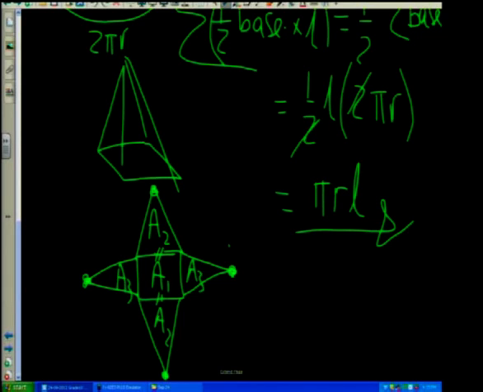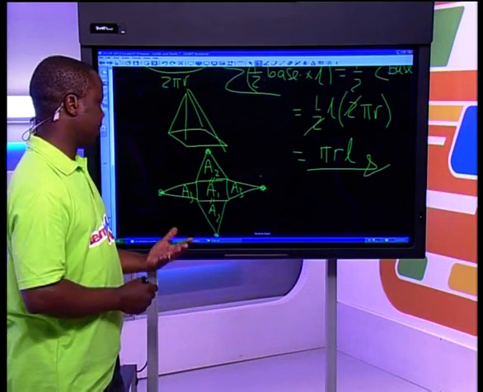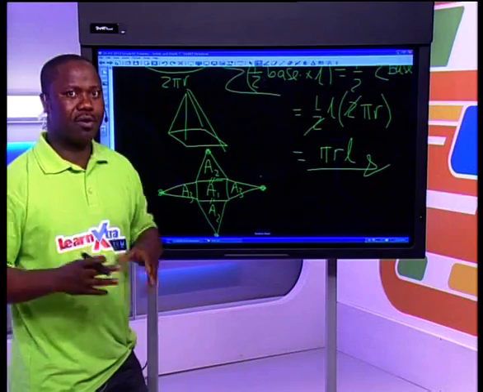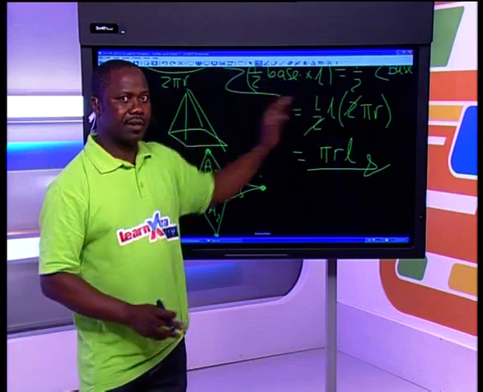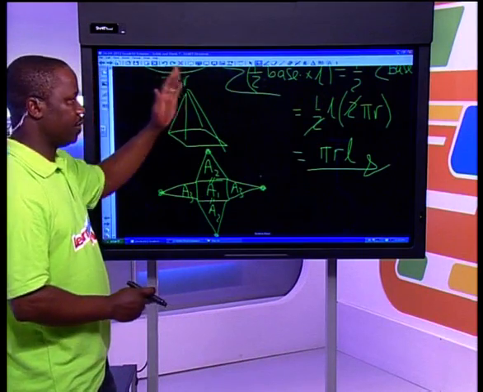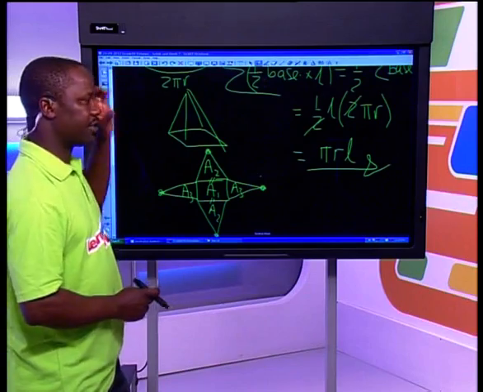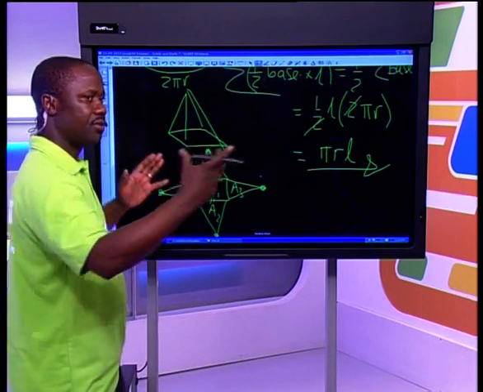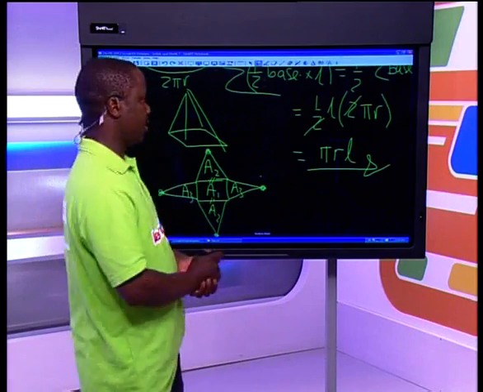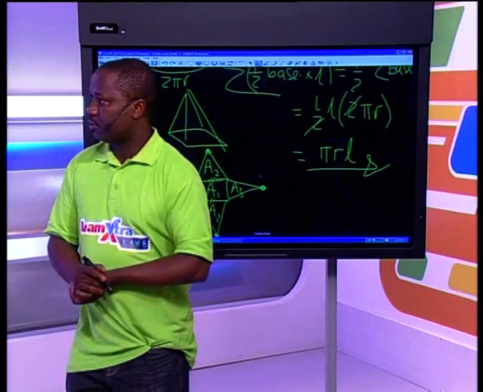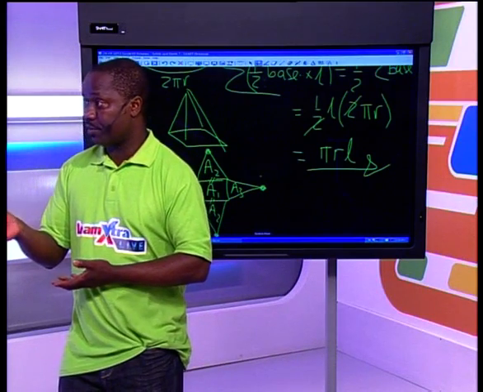So you'd have to add up those triangular areas to make up the whole surface of your pyramid. So that's exactly what we did with a cylinder, right? I said we moved from the simple case of a triangular base right through to a circular base, which we call a cone.